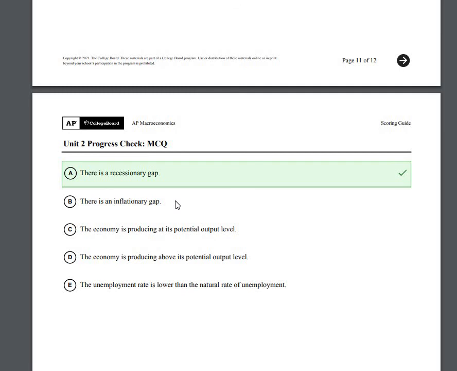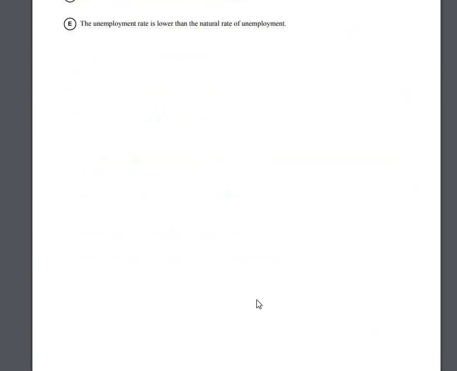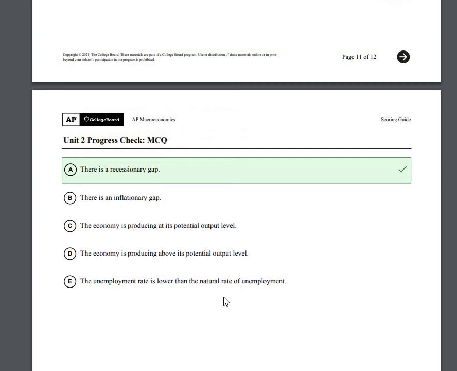When we are expanding and we get above our potential, like you can see in this graph above the potential GDP, then we're in a potentially inflationary period, and then it comes down and back up. Anyway, we'll talk more about that in the next unit, specifically recessionary versus inflationary gaps, what they mean and how we go about correcting them.